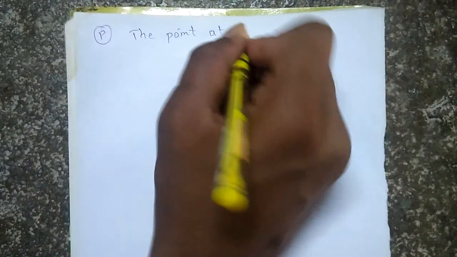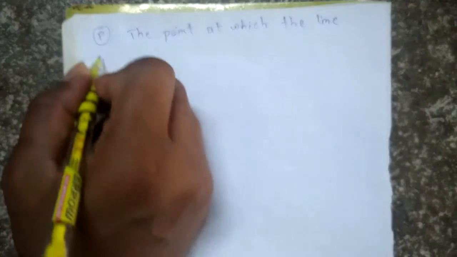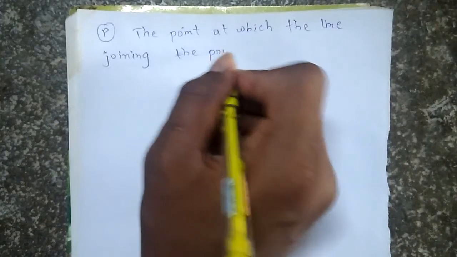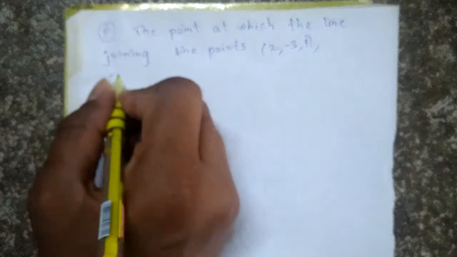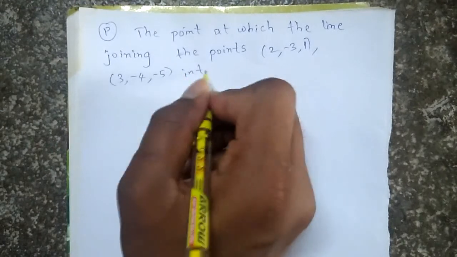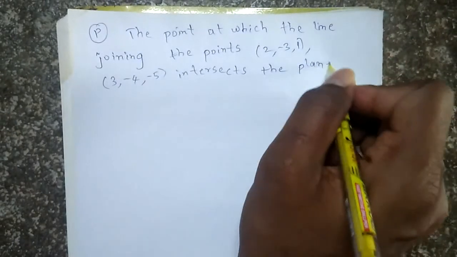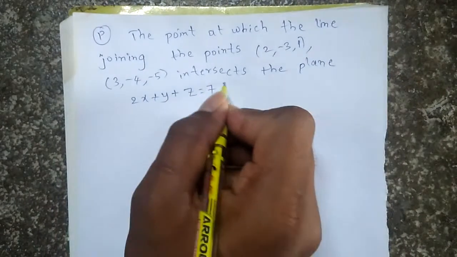So our next problem is the point at which the line joining the points 2, minus 3, 1 and 3, minus 4, minus 5 intersects the plane 2x plus y plus z is equal to 7 is.